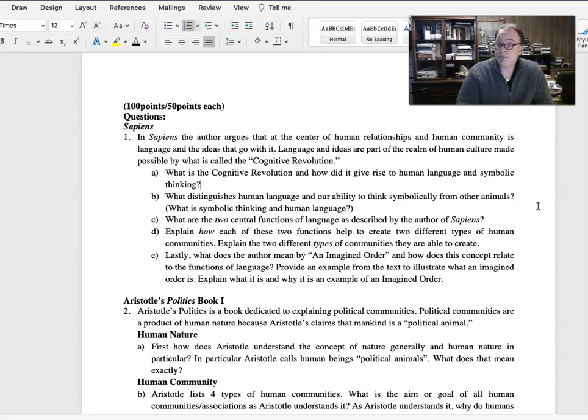So the text provides examples that distinguish how and what human beings are able to communicate from what animals are able to communicate. And while they communicate and while they're intelligent, there's a fundamental difference in their mode of communication and the meaning that it's able to bear.